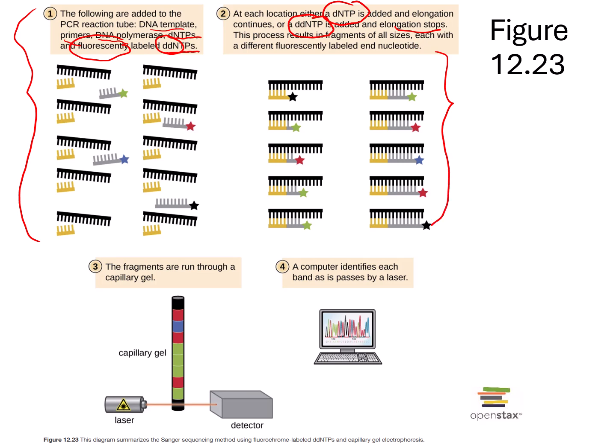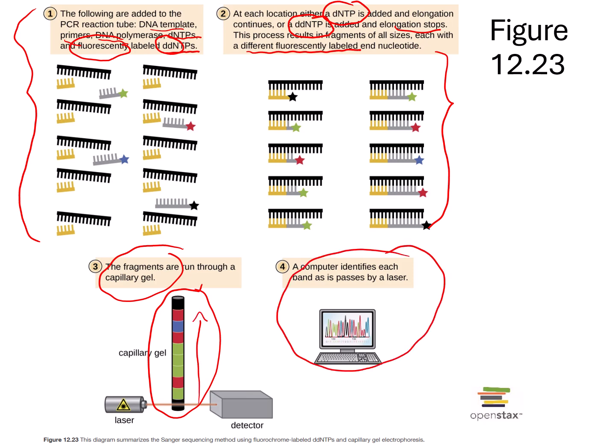This will result in fragments of different sizes, and those different sizes each will have a different fluorescently labeled nucleotide. We're going to run those fragments through a tiny capillary gel, and then our detector can read the different colors that show up, and the computer can identify the sequence for us.